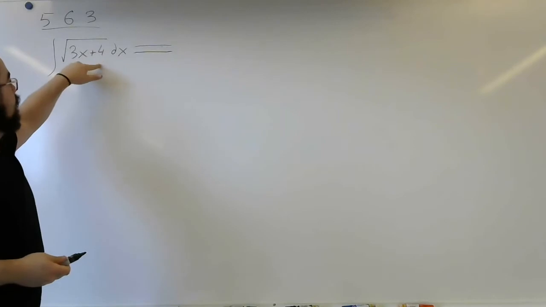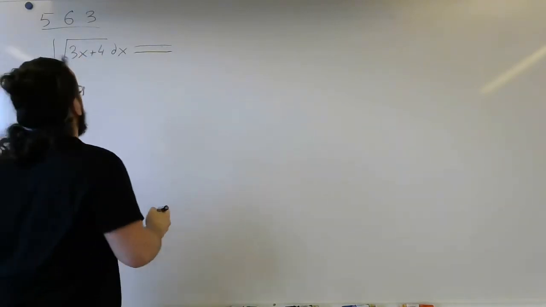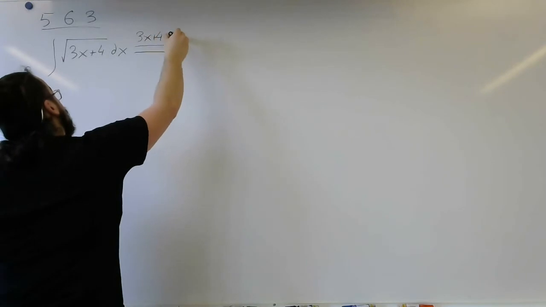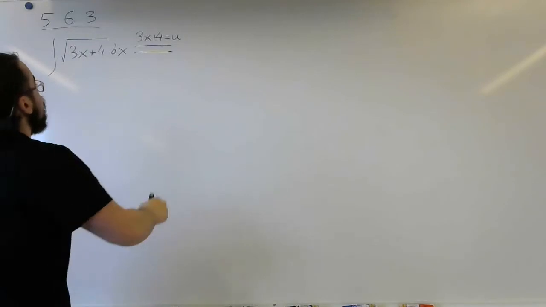Here our change wants to be something that makes this root easier. What can that be? We could say 3x + 4 = u, for instance.